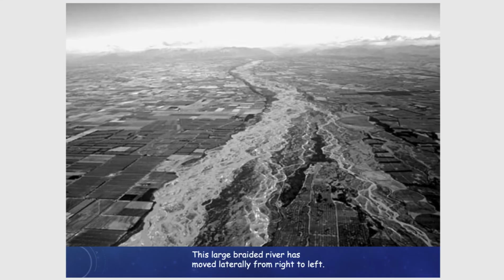Okay, in this figure we see a nice example of stream piracy. I mentioned that braided river systems can move laterally, so they're highly erosive channels, and you see here a good example of this process.